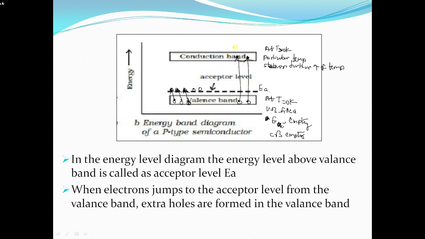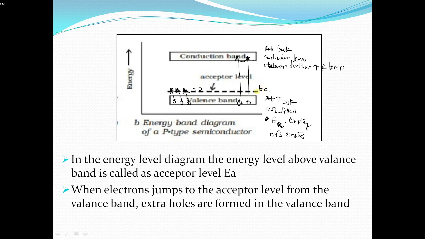Electrons present in the conduction band. Which holes are responsible for conduction? Holes present in the valency band. So if you see, the valency band has more holes than electrons in the conduction band. So that's why the majority charge carriers are holes.